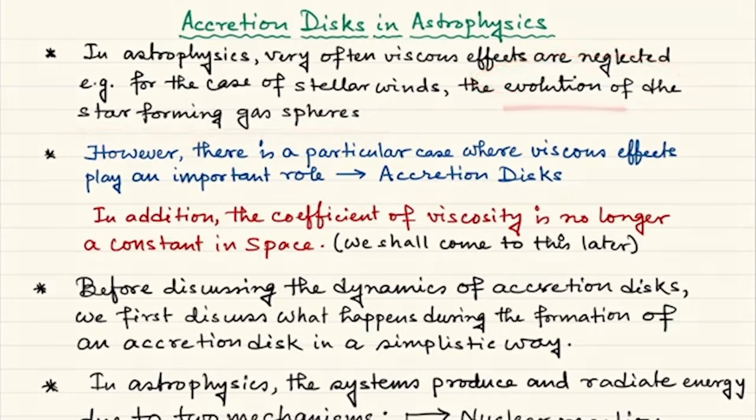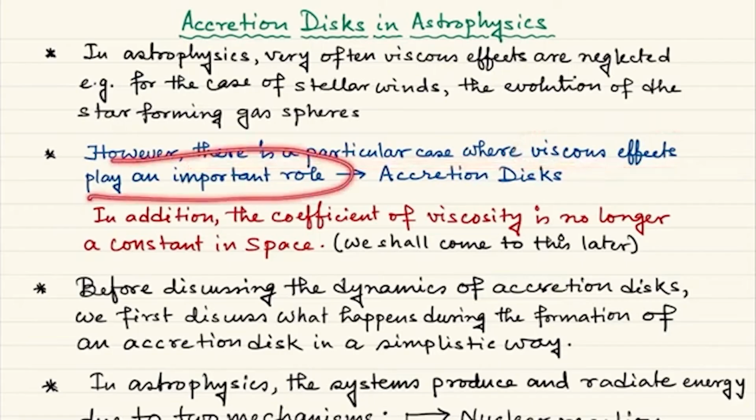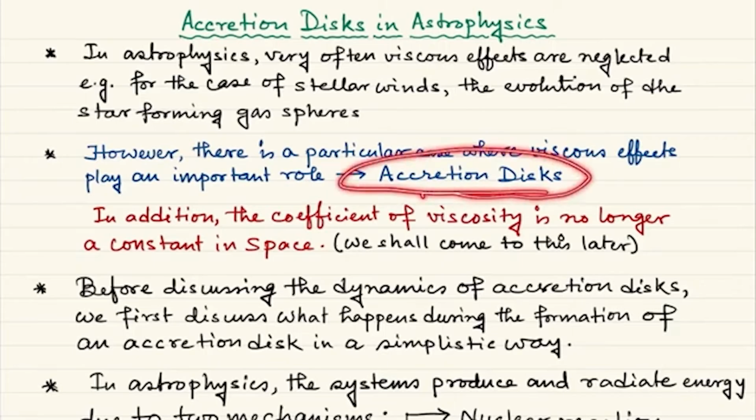For the stellar wind, we already saw that in Parker's model the viscous effects are neglected, and for the evolution of the star forming gas spheres, we just consider mostly the equilibrium due to the interplay of the pressure gradient force and the self-gravity force. However, there is one particular example where viscous effects must be considered, and they play an important role in the formation of that astrophysical structure, and that is the case of the accretion disks.